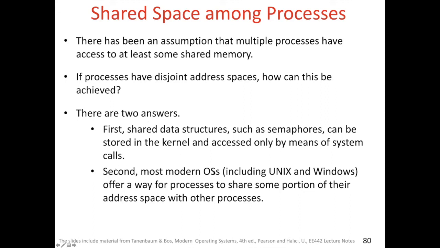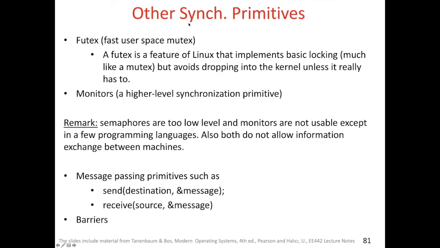Second, most operating systems, including Unix and Windows, offer a way for processes to share some portion of their address space with other processes. Other synchronization primitives are as follows.